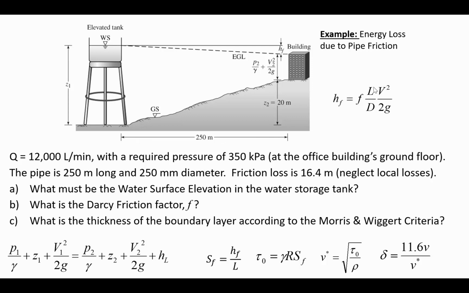And so we're going to back calculate what must have been the F value in this case, and then based on the flow conditions, meaning you have to determine the Reynolds number and compare the thickness of the boundary layer to the roughness of the pipe, then we're going to find out what's the thickness of the boundary layer, and we'll go back and look at whether it's hydraulically smooth or hydraulically rough.